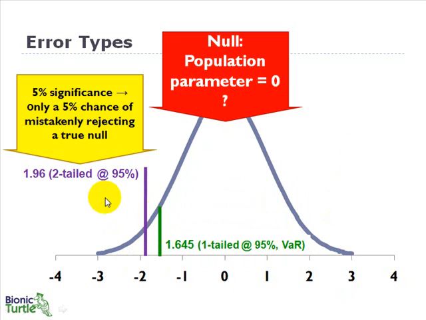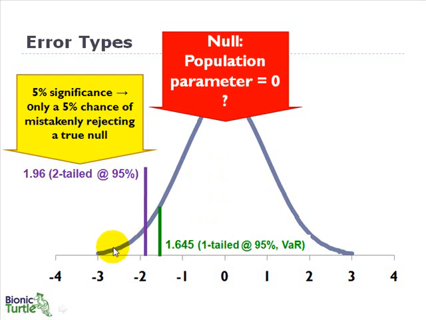Now we are in a position to understand the errors that can be made. If we find that a sample statistic lies out here to the left of this purple line, then maybe we want to suspect that our population parameter is not 0. It's so far out here to the left that maybe the population parameter isn't 0 and we're wrong about the null hypothesis.